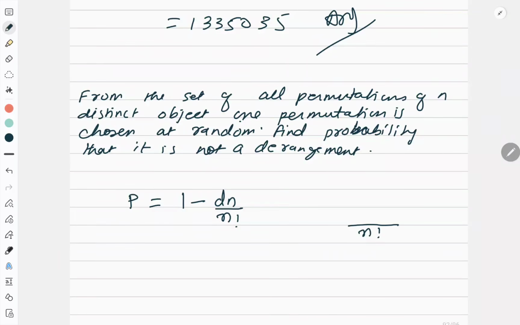That will become your denominator, the sample space. And the number of derangements is this. And my question is not a derangement, so 1 minus this. Correct. So I will put the values. So P is equal to 1 minus (1 by 2 factorial plus 1 by 3 factorial and so on, minus 1 to the power n upon n factorial).